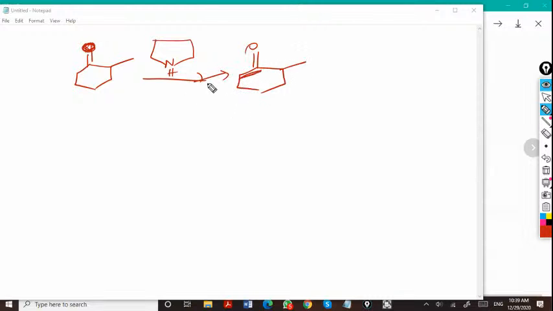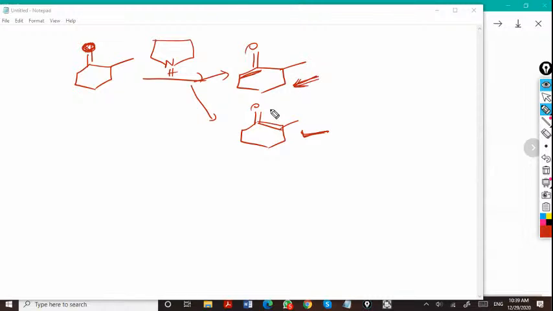There are two possibilities. In the last class we discussed the regioselectivity where I said this is more stable, but it is incorrect.